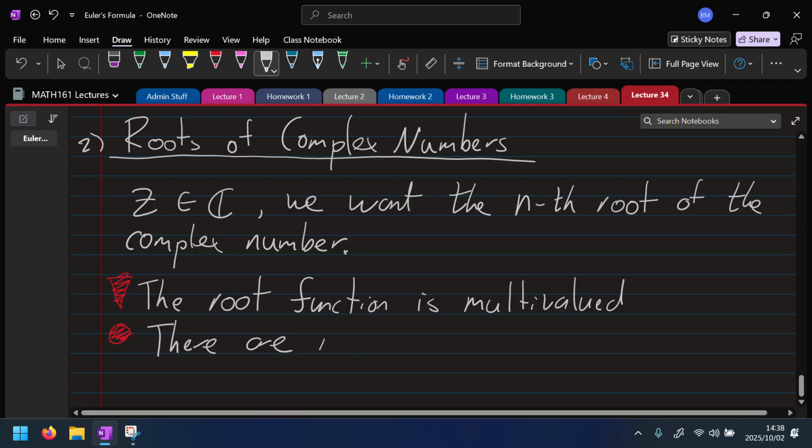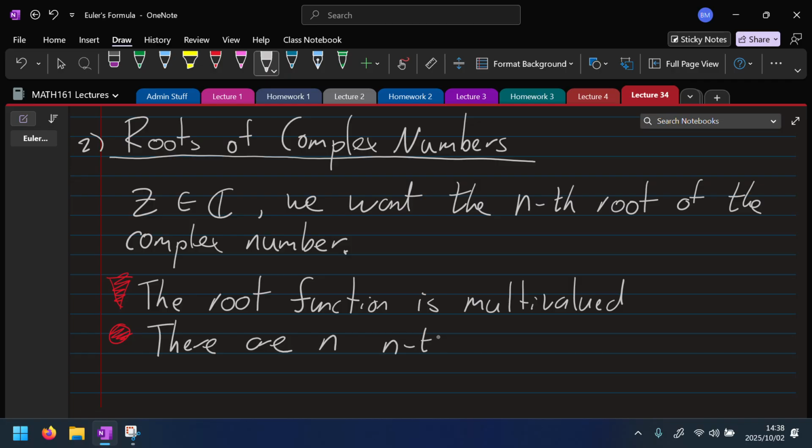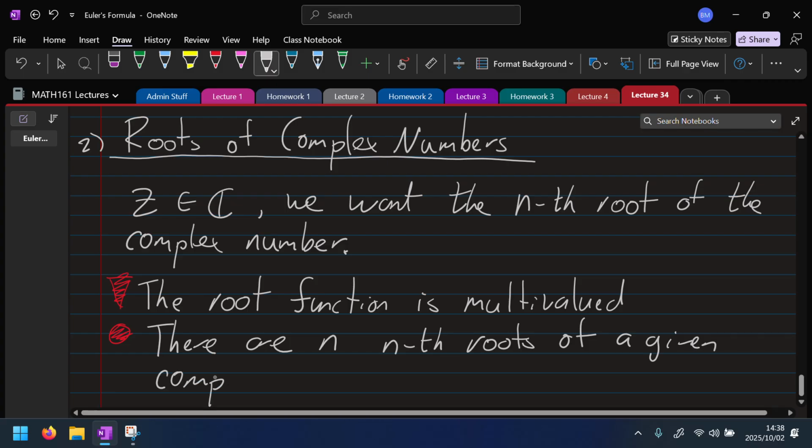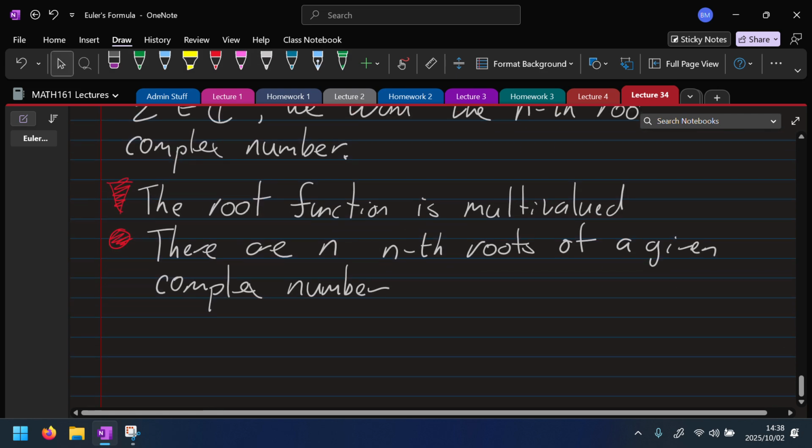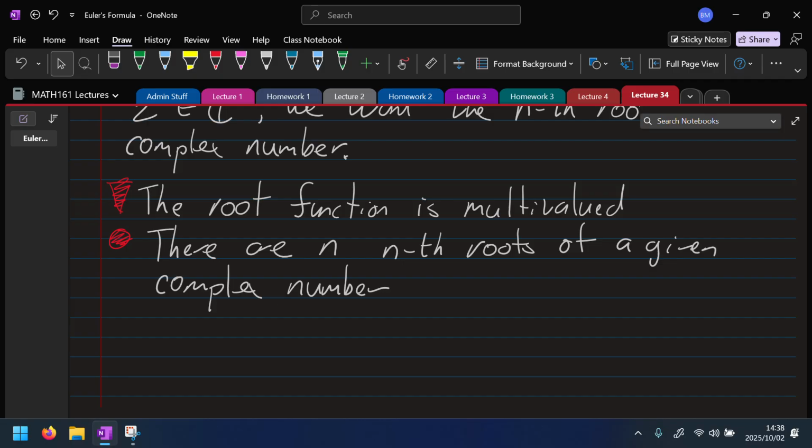So there are nth roots of a given complex number. Again, if it's the square root, there's going to be 2 answers. If it's the cube root, there are going to be 3 answers. Fourth root, 4 answers, and so on.